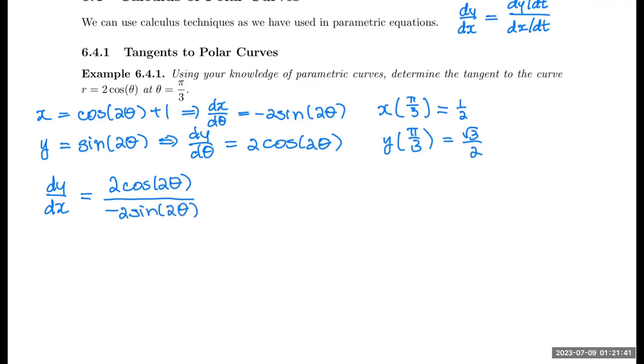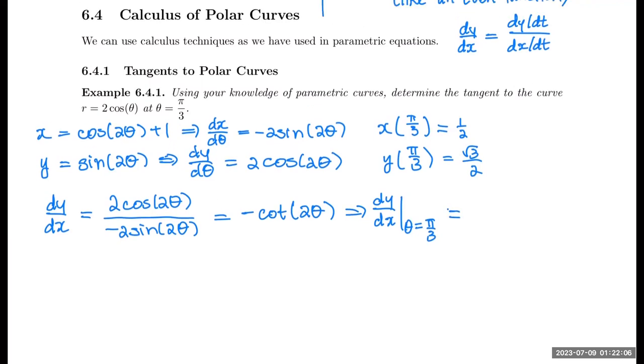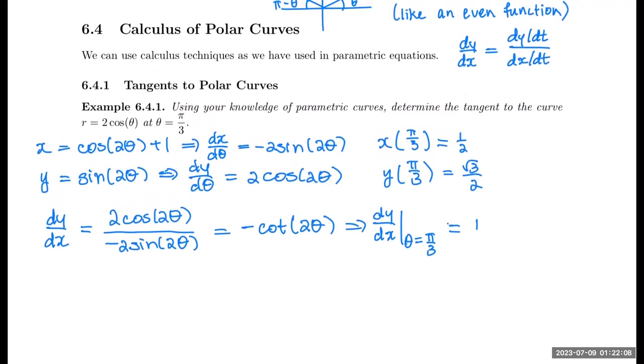The 2's will cancel, and what we'll get is negative cotangent of 2 theta. Once we substitute pi over 3 in, dy divided by dx evaluated at theta equal to pi over 3 is going to get you 1 divided by root 3.